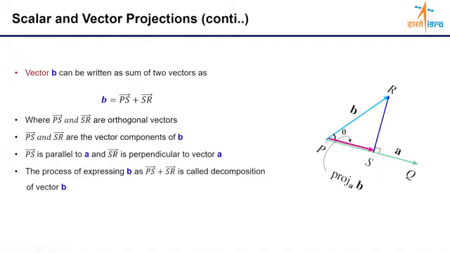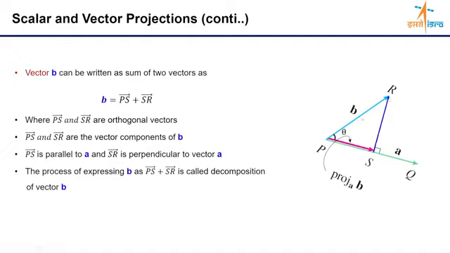So if you start from the tail and reach the head from another side, or maybe using multiple vectors, you can write the PS vector plus the SR vector, because this is the path actually. So PS vector plus SR vector is equal to the PR vector.